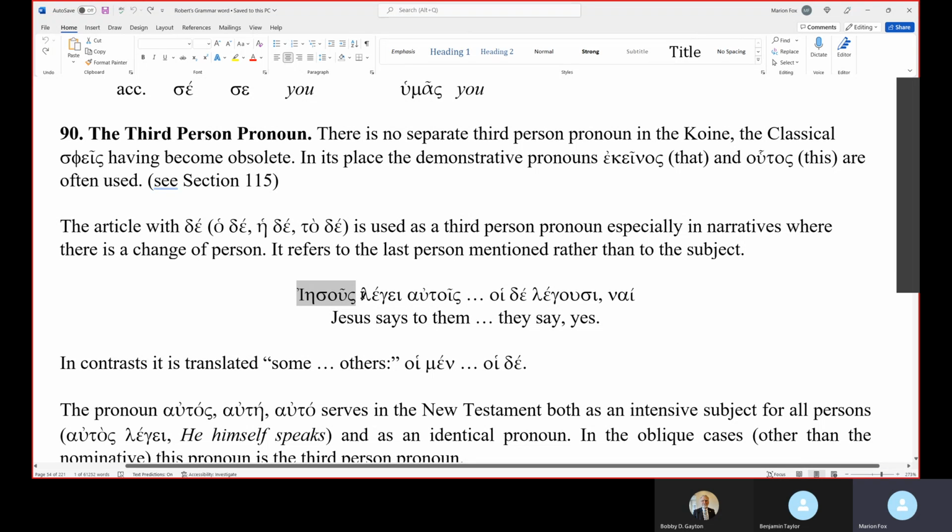Jesus lege autois. Now we're going to get to autois in the next section, section 91 on the bottom of this page. We'll come to that. And hoide.